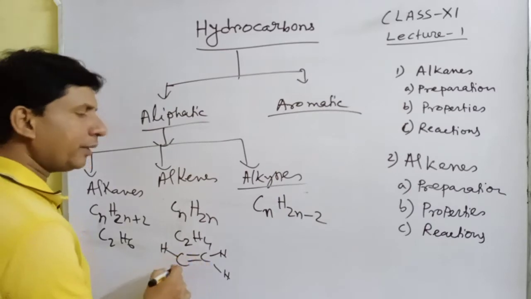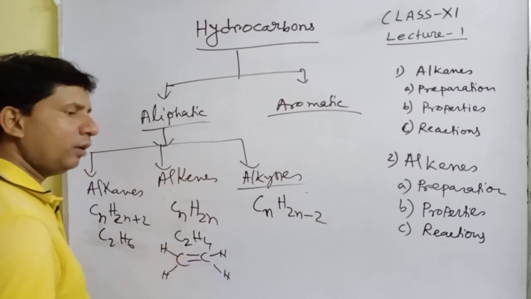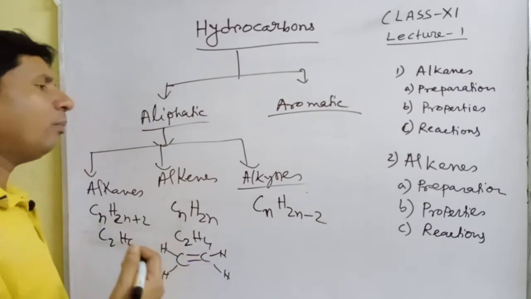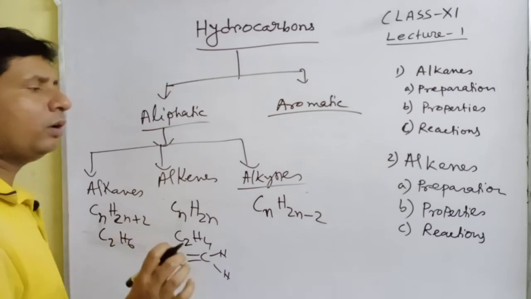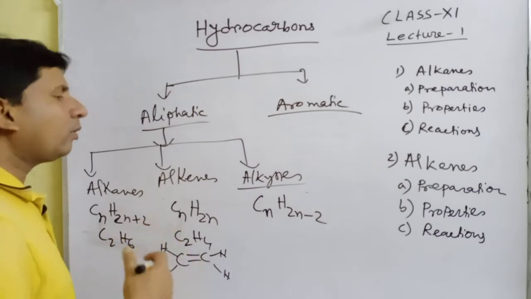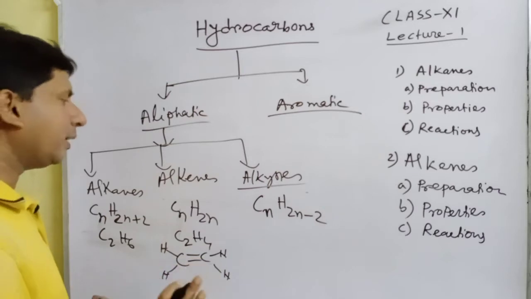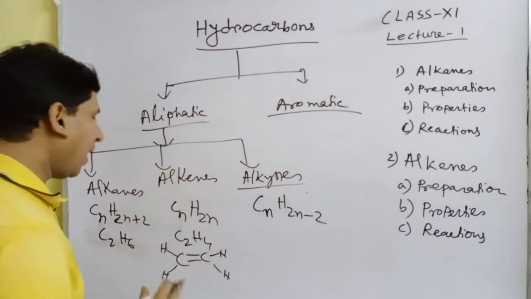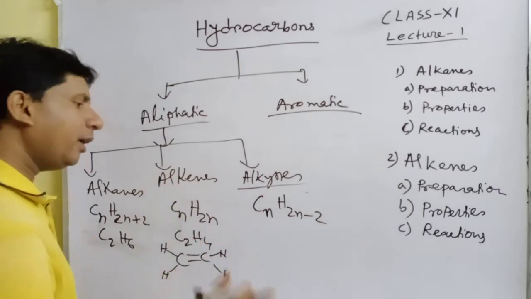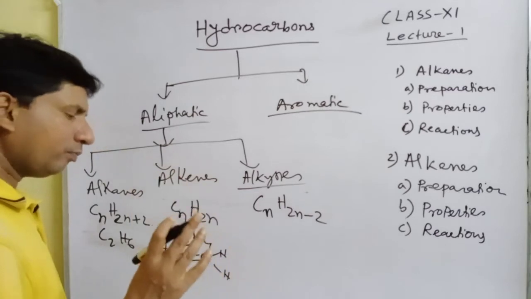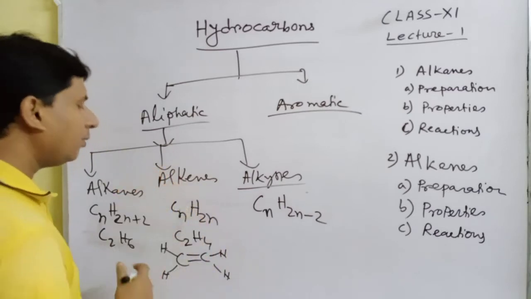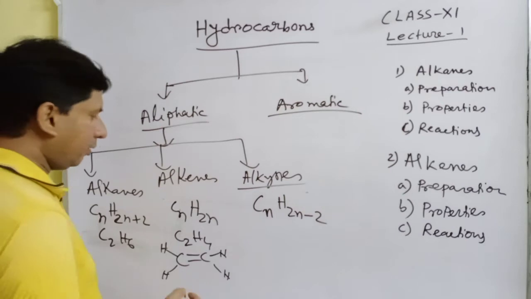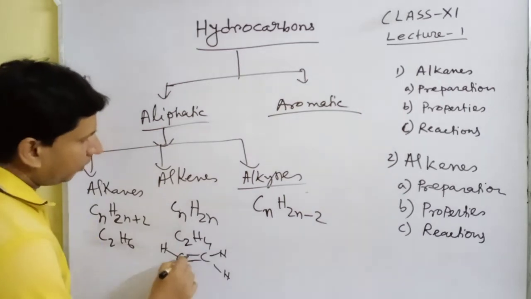This is unsaturated. What is unsaturation? Unsaturation means a double bond or triple bond, carbon carbon double bond or triple bond, or carbon oxygen double bond, anything. That means there is a pi bond. If a pi bond containing compound is there, it is actually unsaturated. So there is a sigma bond and a pi bond.